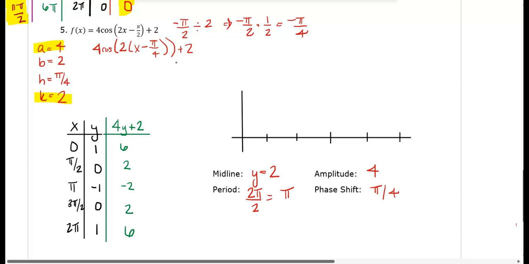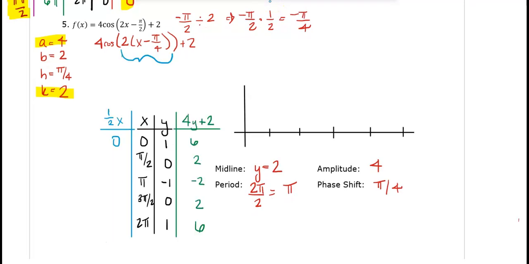All right, so I'm gonna go. Oh, I'm not done. I got ahead of myself. Sorry, I just did the y values. We also need to do the x values. Let's keep in mind with the x values that we're going to end up doing 1/2 times x because of this 2 right here.